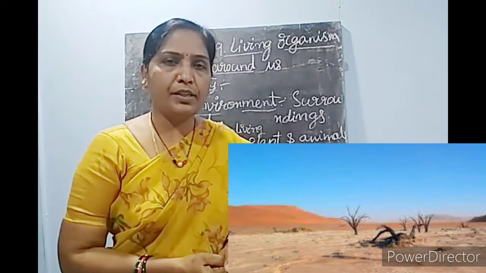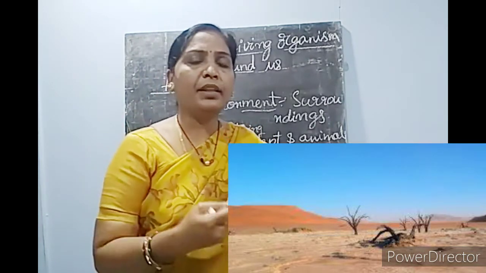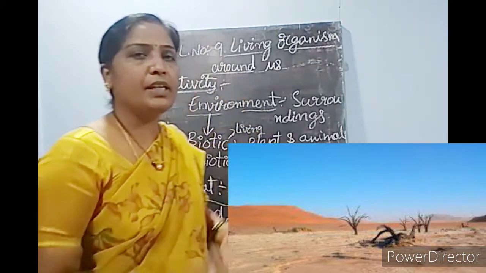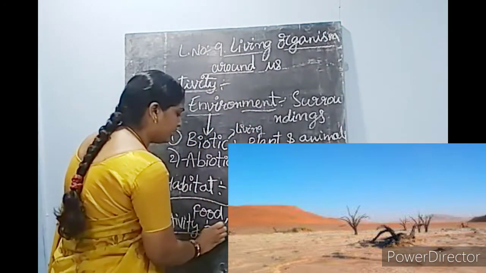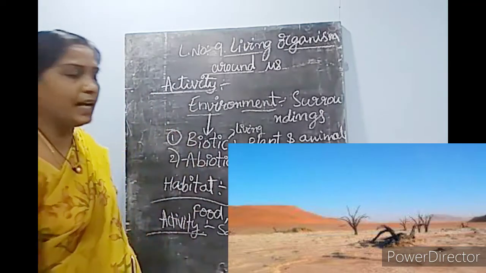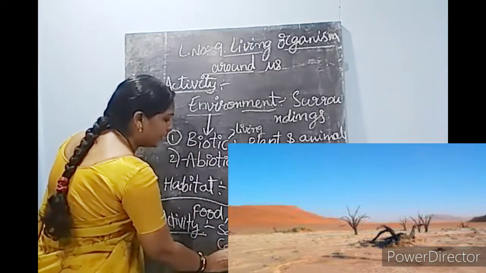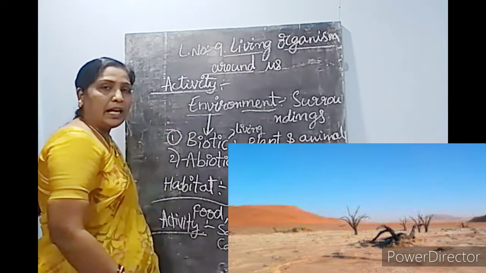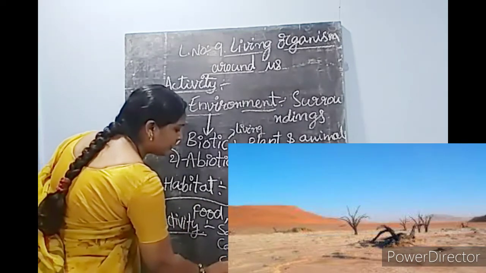Yes, I think you've almost completed. So what things are coming into your mind when I say the word desert? Definitely you might have drawn sand, completely sand, and camels, and cactus plants.